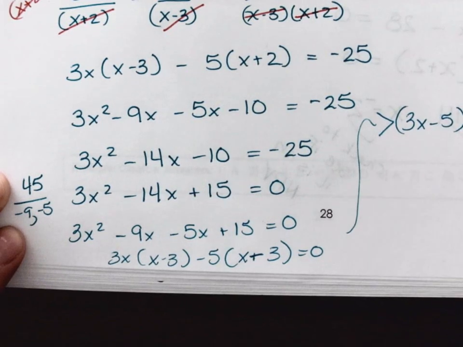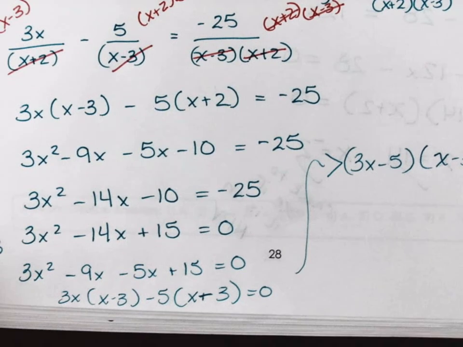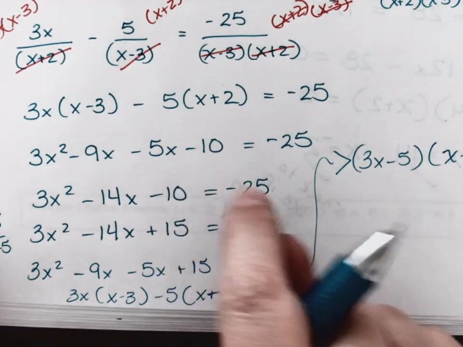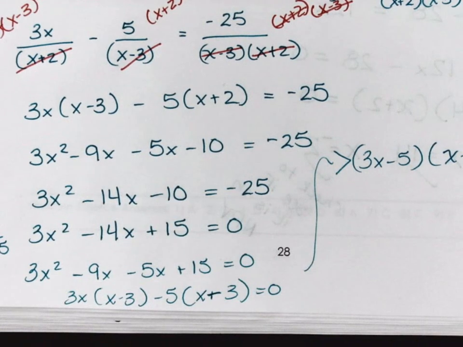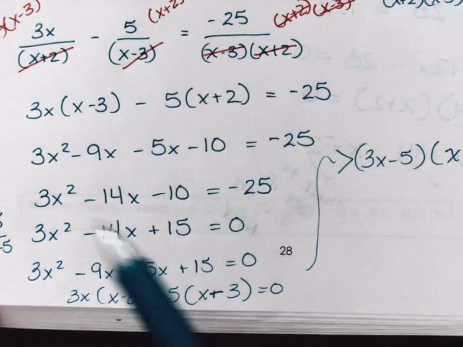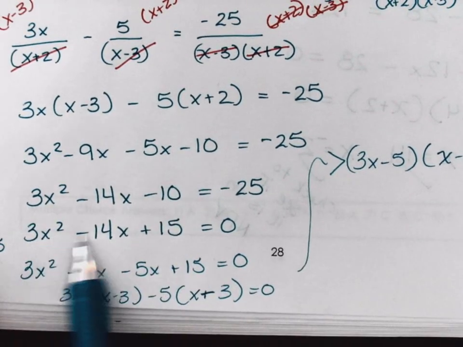Because you messed up, you didn't take it as a negative 5 and multiply it in. It's supposed to be a negative. How'd you get 45? So when we're complex factoring here, you always take the front by the back and multiply those. That makes sense.